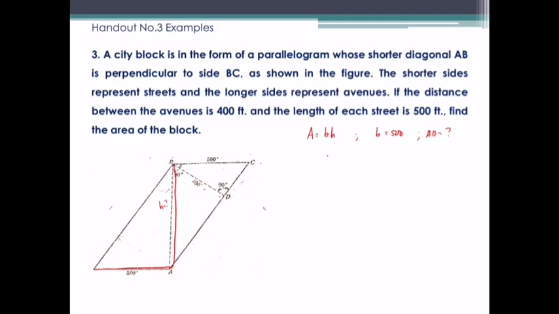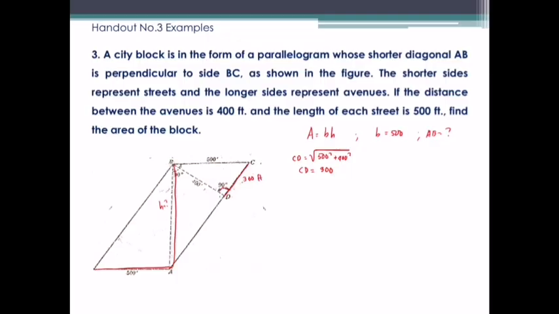Okay, so how do we get AB? Since we're given this is 500 and this is also 400 and this is 90 degrees, we can make use of the Pythagorean theorem. So CD is equal to the square root of 500 squared plus 400 squared. So CD, therefore, we get our answer to be 300. So this is 300 feet.